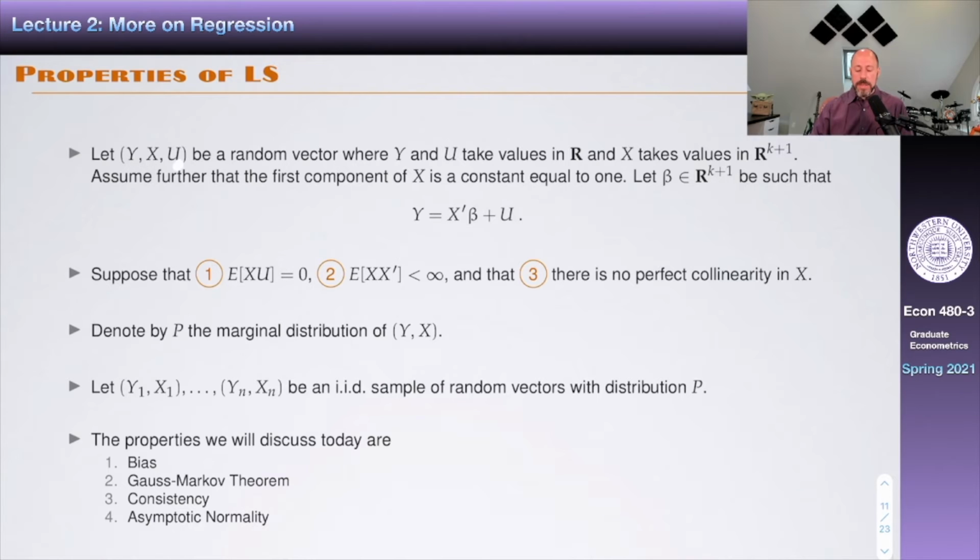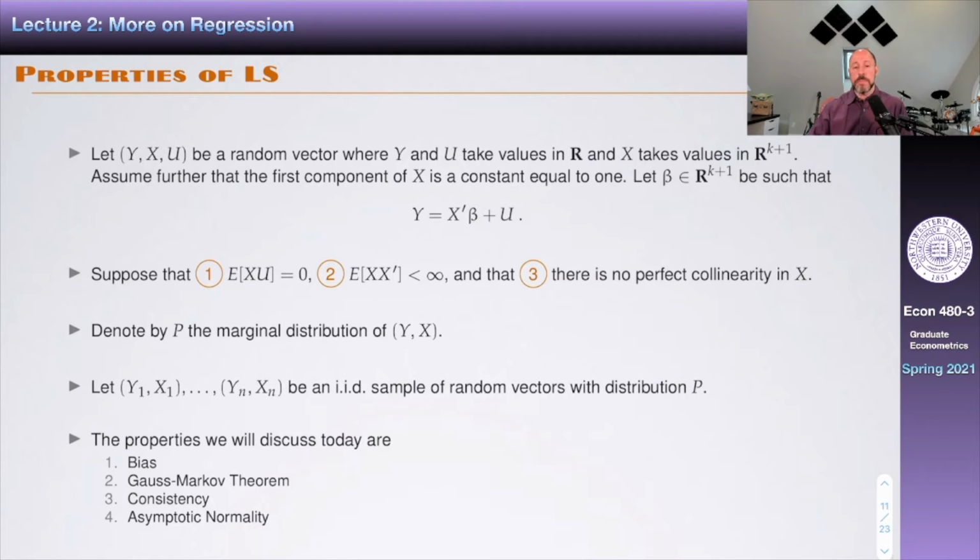Let (y, x, u) be a random vector where y and u are always scalar, x is k plus 1, and beta is also dimension k plus 1. We're assuming that the first component of x is a constant, and we're writing the model like this. The three basic assumptions that we described last class: the first one, the expected value of xu is equal to 0. That's what we needed to get a representation that is consistent with least squares.